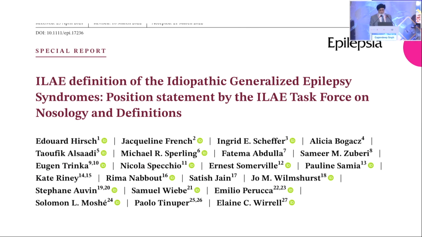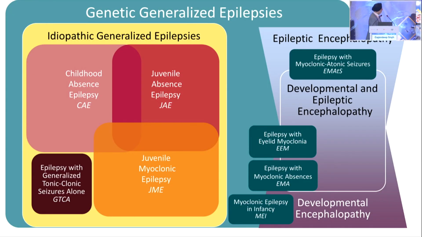But there is this paper recently, and this diagram from this paper, which I've taken from the paper I referred to in the earlier slide, clearly depicts the status of idiopathic generalized epilepsy within genetic generalized epilepsies.